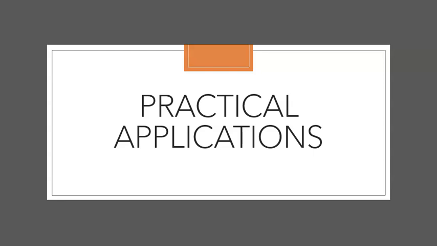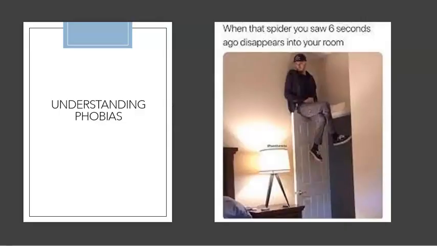But for this, we're going to really focus on the fears and the phobias. That's really one of the biggest ways we use classical conditioning, both to cause phobias, but also to treat them. So the key thing is really understanding phobias.